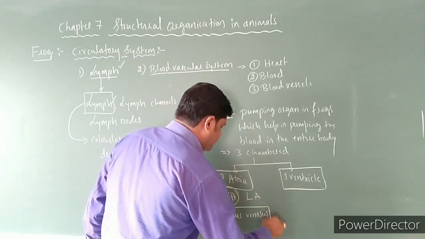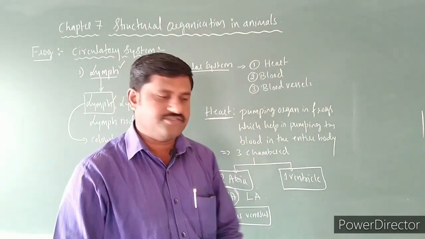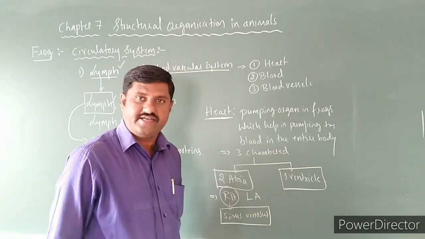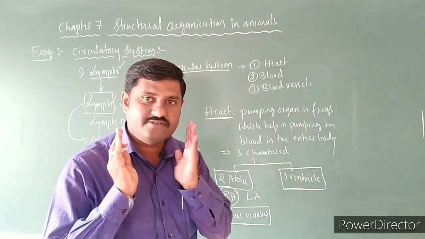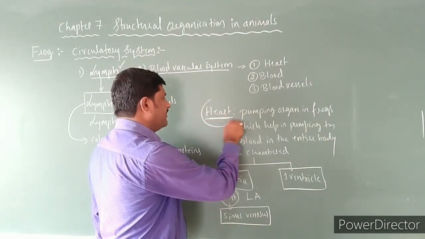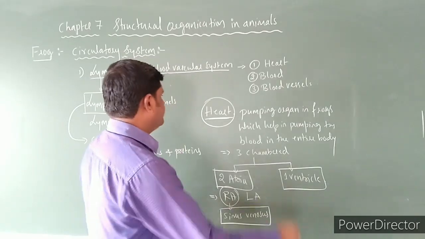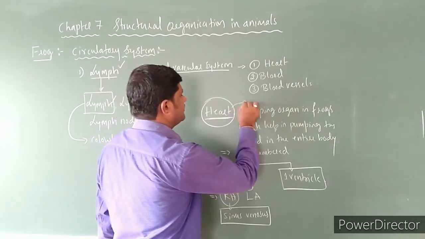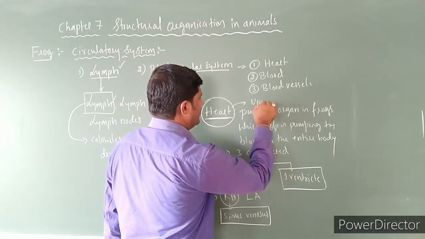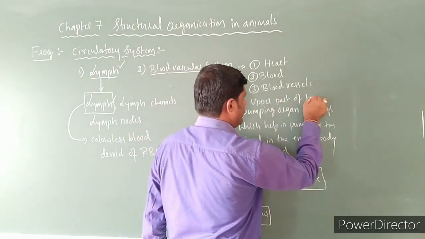This sinus venosus is a small chamber that is attached to the right atrium. This is the fact that you should know. And the entire heart itself, along with this sinus venosus, is present at the upper part of the body.